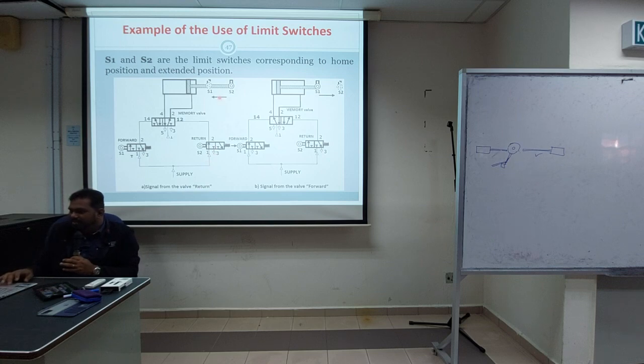So better to have a different name. So A1, kalau cylinder ni adalah cylinder A, so letaklah A1, A2. A kecil dengan A kecil 1, A kecil 2. Okay, if this is cylinder B, so B1, B2. So easy to remember, easy. So when you design, you won't get confused.